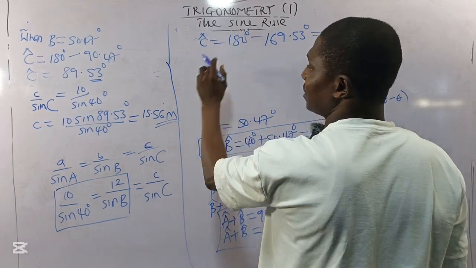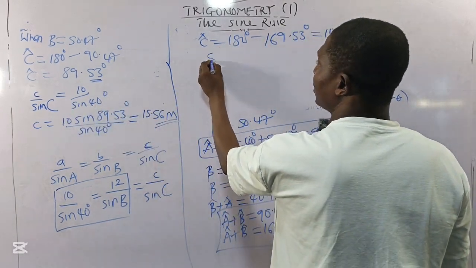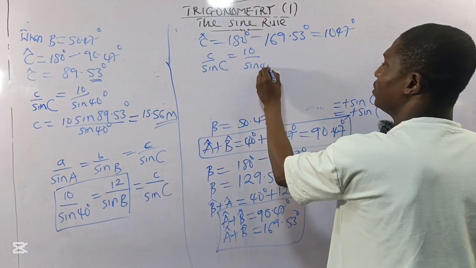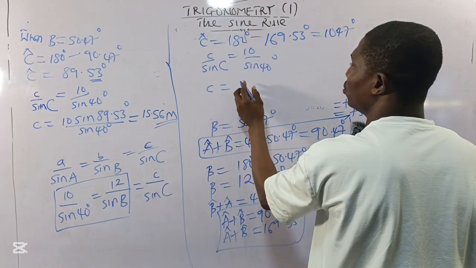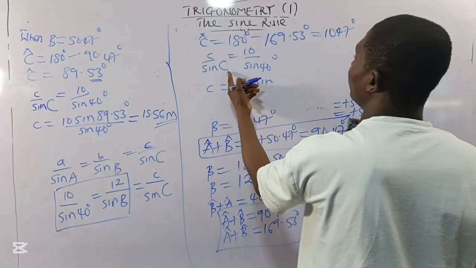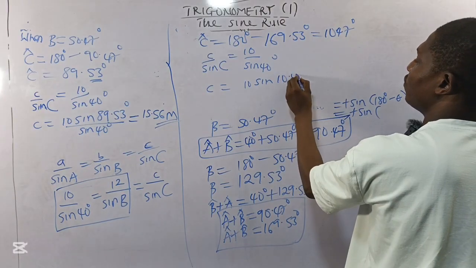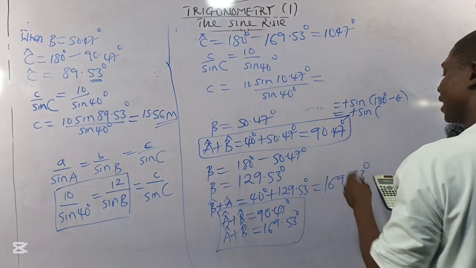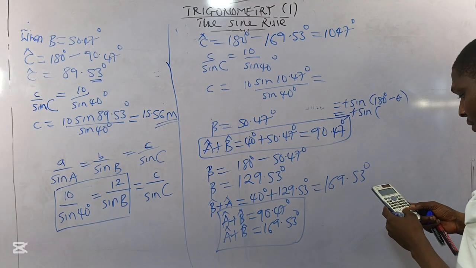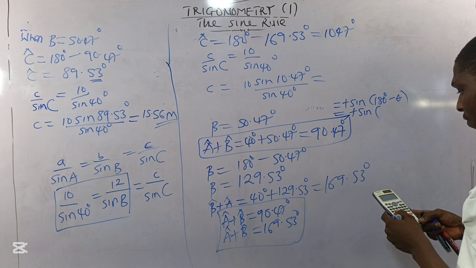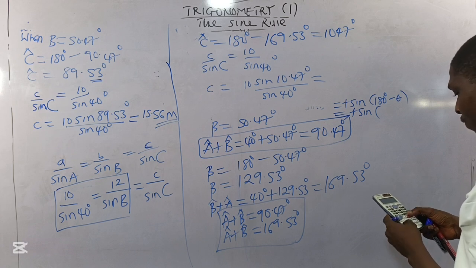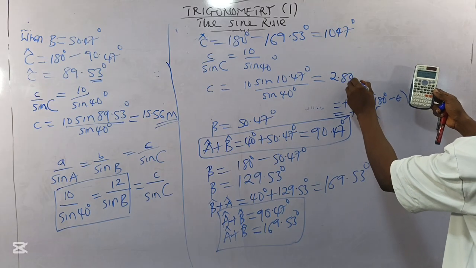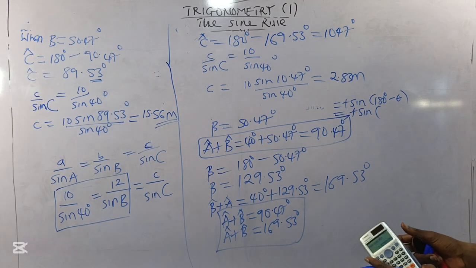So when angle C is this, I will solve for small letter c. Small letter c all over sine capital letter C again will be equal to 10 all over sine 40 degrees. And small letter c will be equal to 10 sine 10.47 degrees all over sine 40 degrees. And I'll have 10 sine 10.47 divided by sine 40, so I have 2.83 meters. So we've gotten our second value for c.